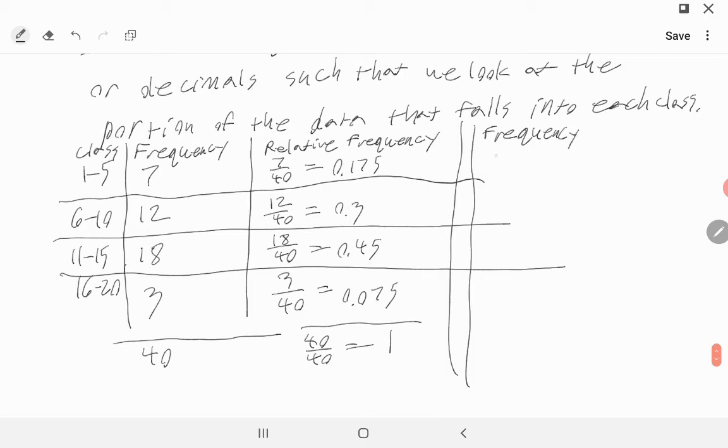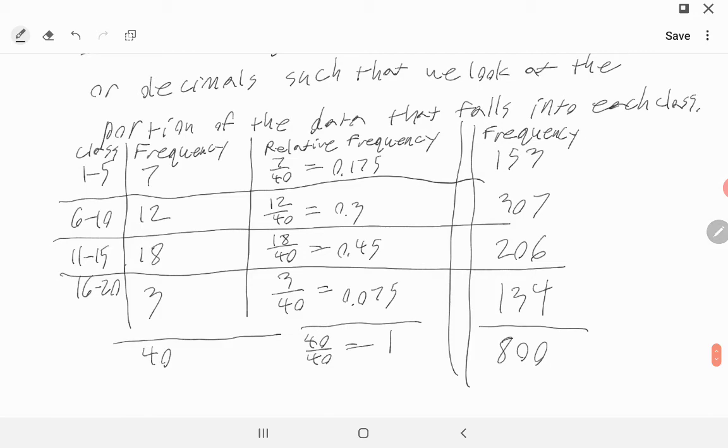So if we had a frequency of 153, 307, 206, and then 134, that gives us a total of 800. Double check it, yep, that gives 800.